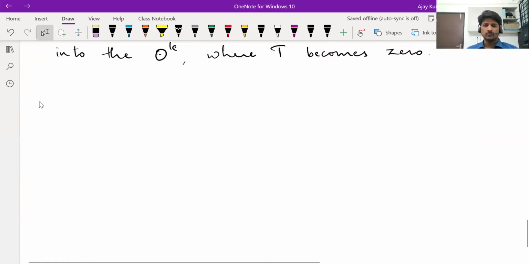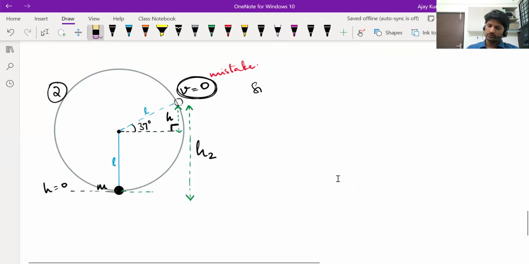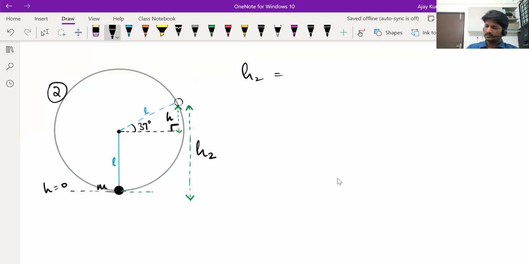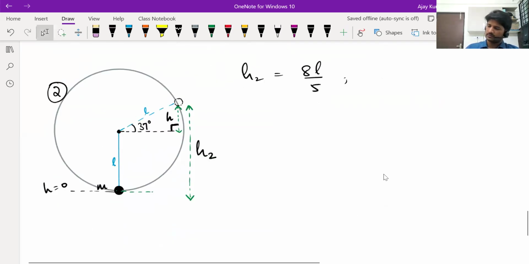How much speed should the bob be given at the bottommost point such that it goes to that height? We have calculated the height already. The final height to which it ascends is 8L by 5. The initial height from which it is starting is 0. So height calculation is done.